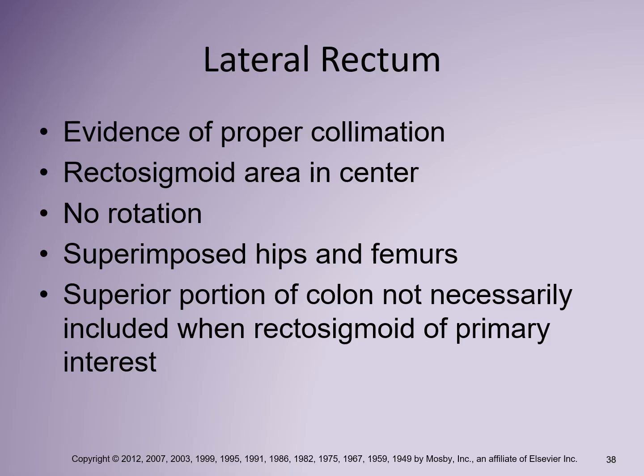So for our lateral rectum, rectosigmoid area in the center, that is achieved by centering the same way as you center for a lateral sacrum. No rotation or obliquity, so hip on top of hip, shoulder on top of shoulder, knees flexed, knee on top of knee, a true lateral recumbent position, and then you won't get any obliquity.